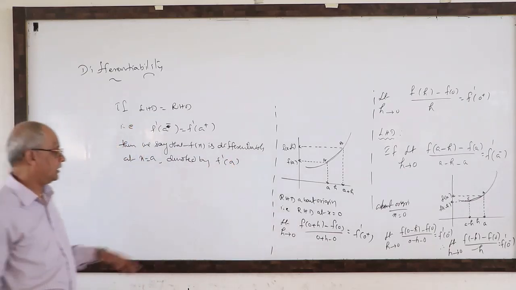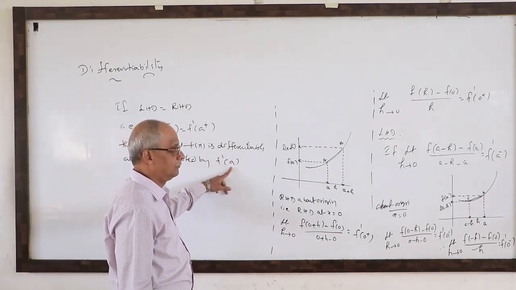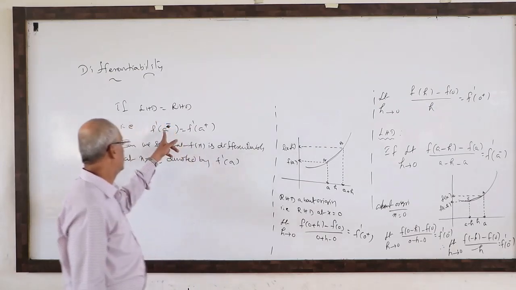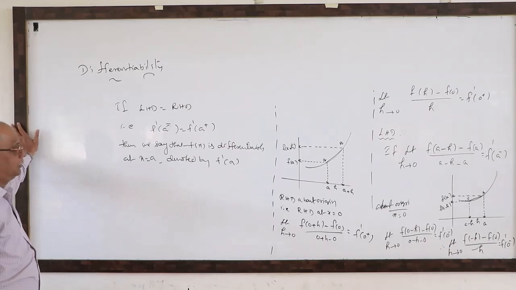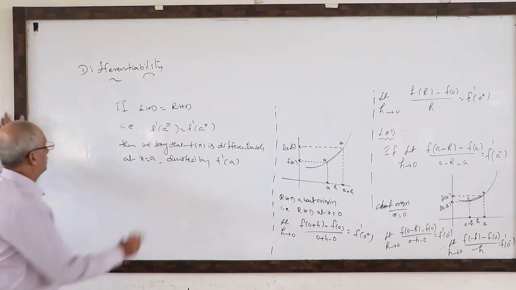This is now an ordinary number a without any symbol plus or minus. This is called our actual rule. If they are not equal, the derivative does not exist, that is, not differentiable only. This is called our definition for differentiability.